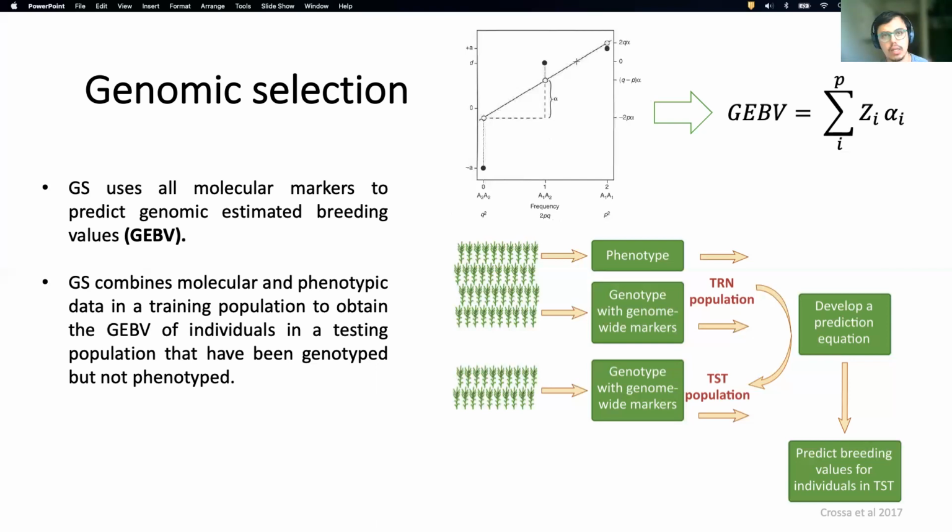But you are right, they are not perfect, and other models such as machine learning could be useful, but still the performance is lower or basically the same as the traditional additive effect models.